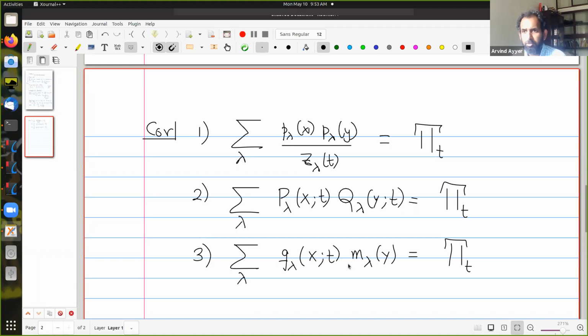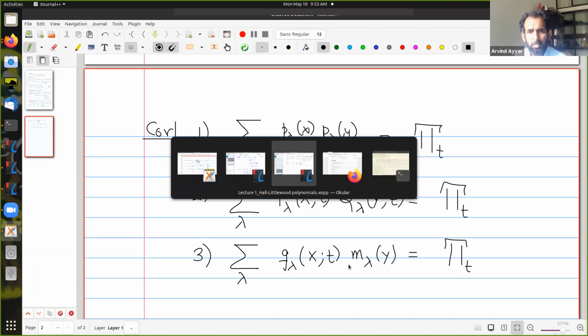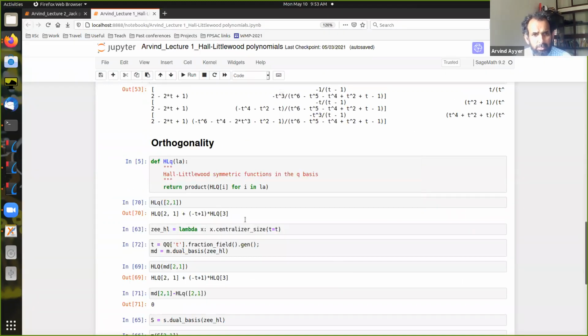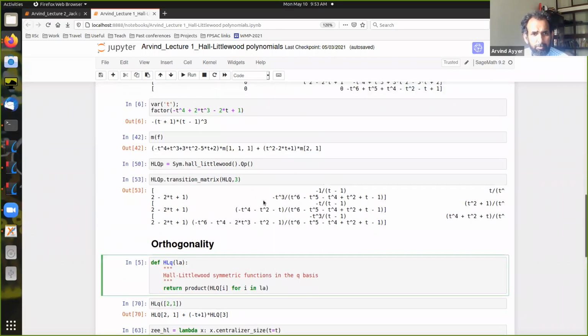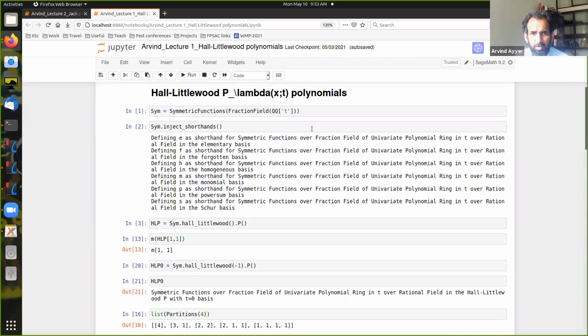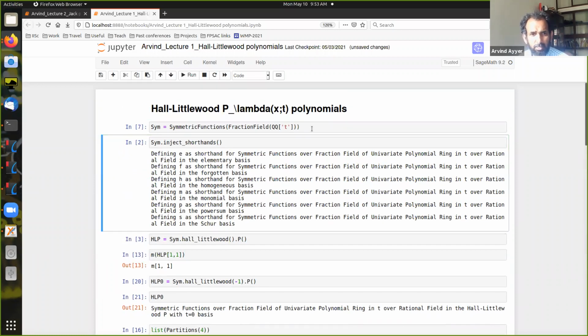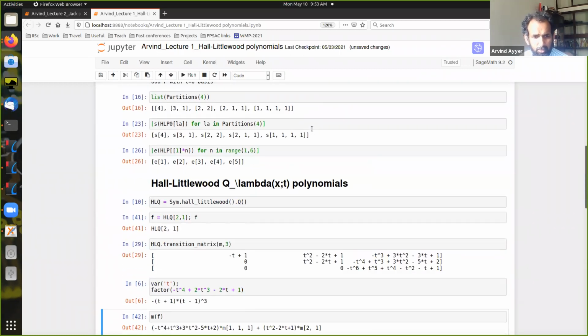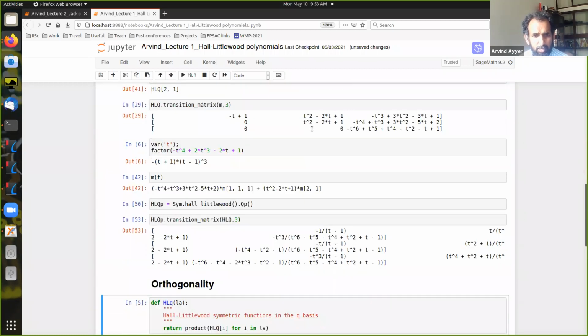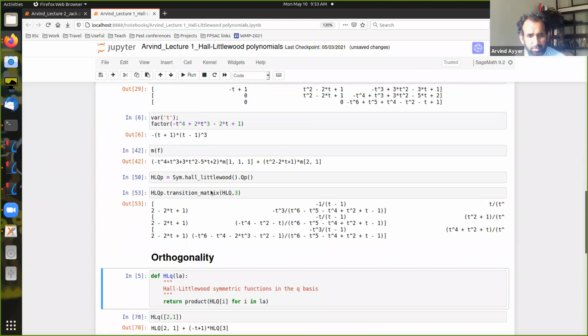So let me show you this on Sage. This is the same worksheet that I had from earlier. I define all the usual bases, I define P and Q, and now I define this small q.